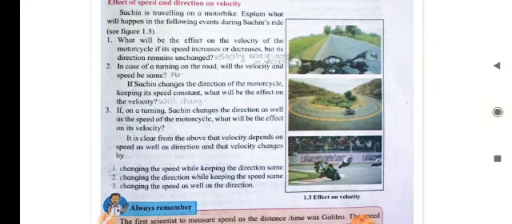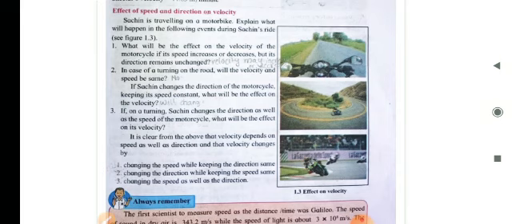Sachin is traveling on a motorbike. Explain what will happen in the following events during Sachin's ride. See figure 1.3. First case, what will be the effect on the velocity of the motorcycle if its speed increases or decreases, but its direction remains unchanged?